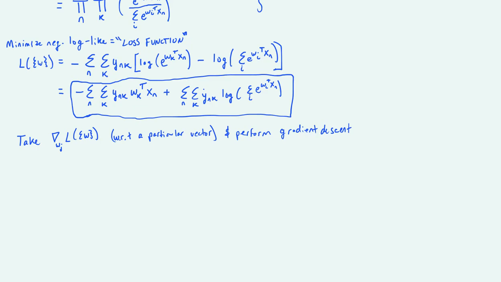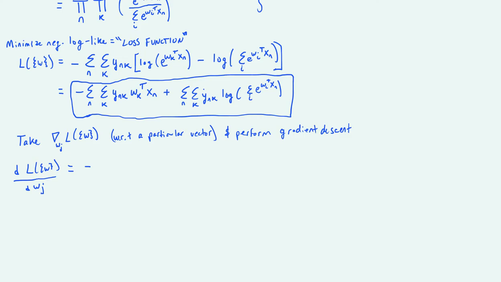So let's go ahead and try to figure out what the gradient of this loss function is. The gradient of our loss function with respect to a particular vector wj is equal to, well, let's just take a look at the first term in the loss function.